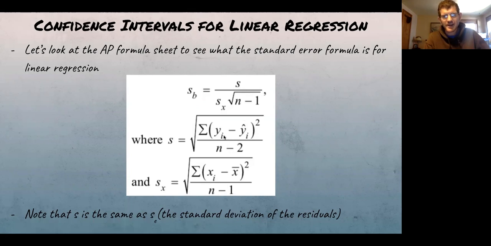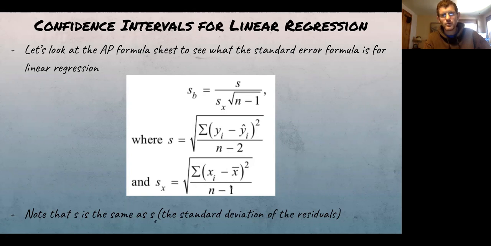And notice that to get S and to get S sub x, both of them, you have to take every single data point and do a calculation for it. Imagine you had 30 data points, and that's a small sample. You'd have to do 30 calculations and then one final one, so 31, to get S.